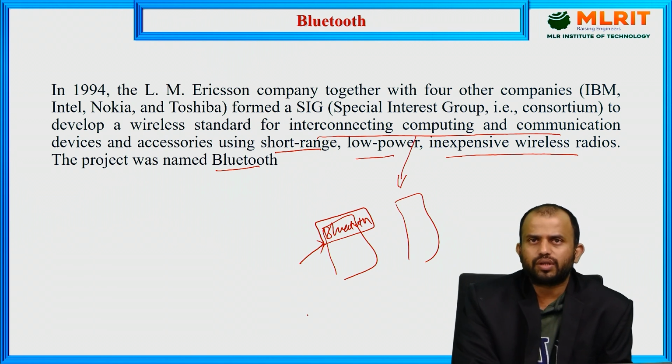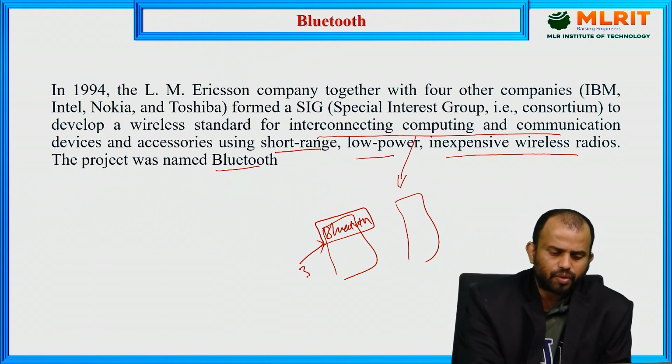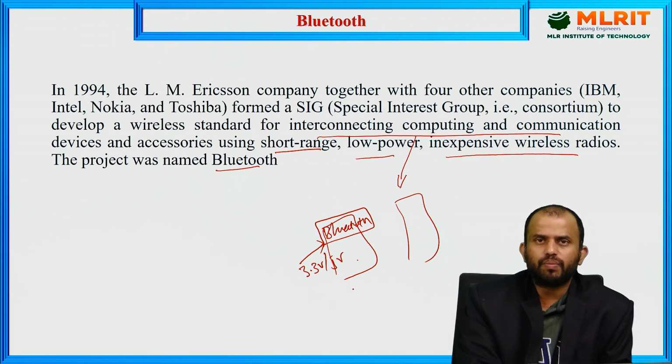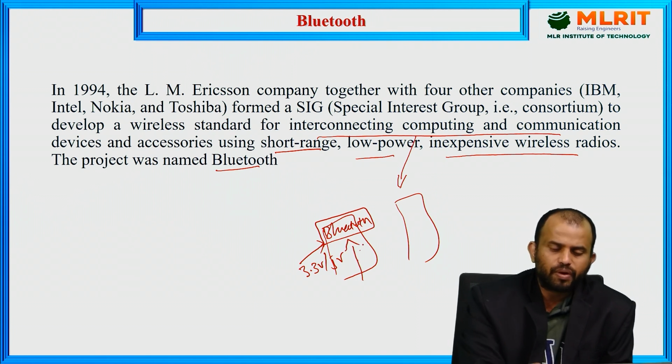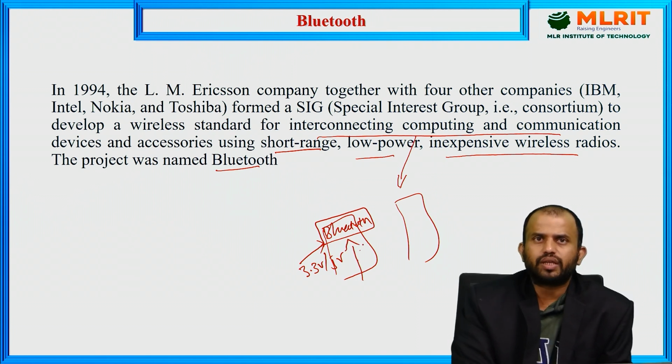A separate Bluetooth module takes a power supply of 3.3 volts to 5 volts. When Bluetooth is mounted on our mobile phone, it uses the mobile phone battery charge and requires only low power.